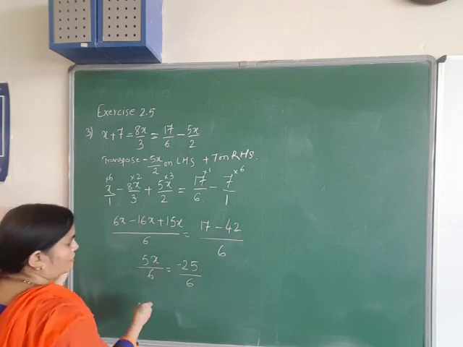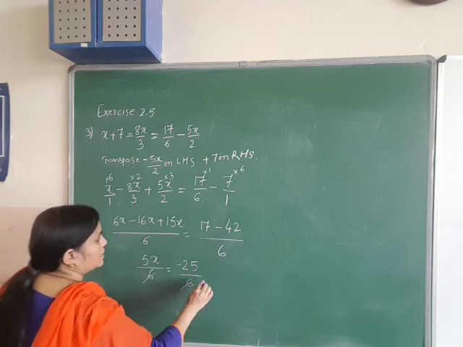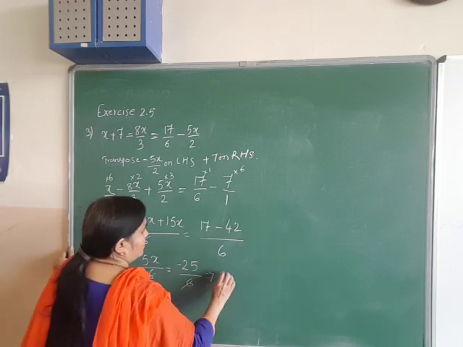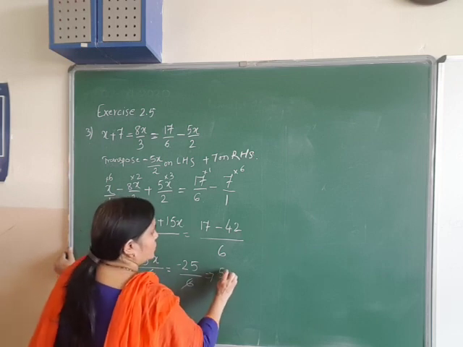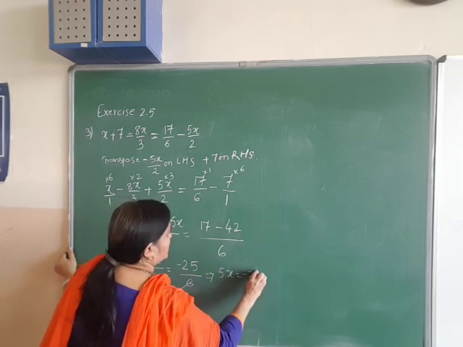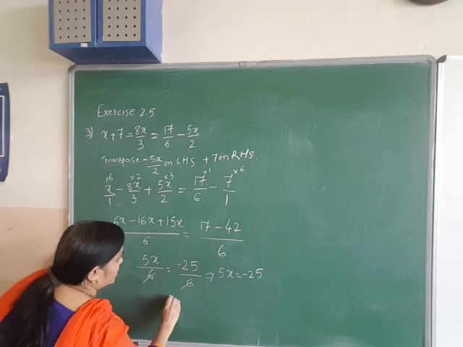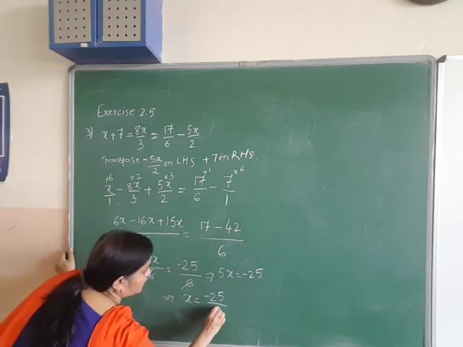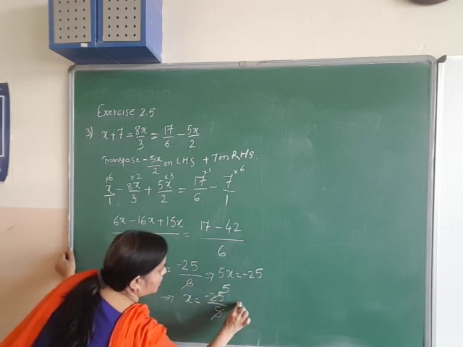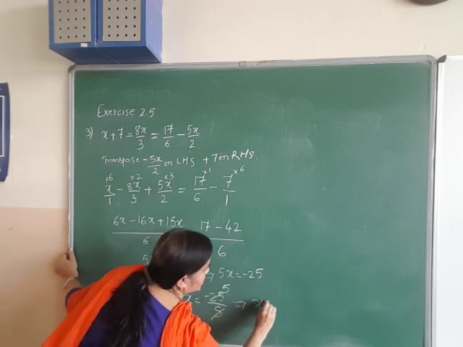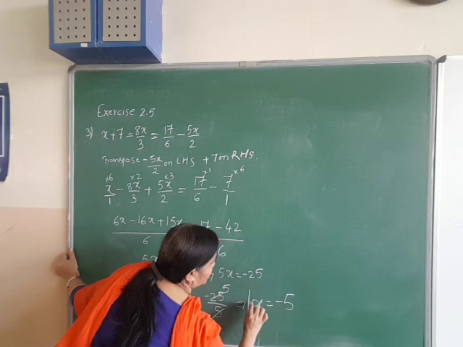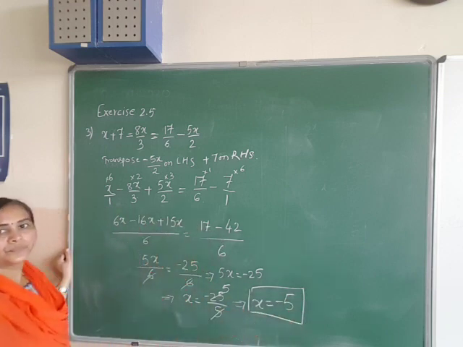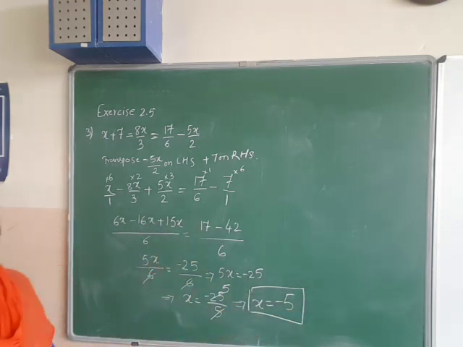Since the denominator 6 gets cancelled, you get 5x is equal to minus 25. Then x is equal to minus 25 divided by 5. 5 5s are 25. The value of x is equal to minus 5 is the answer.